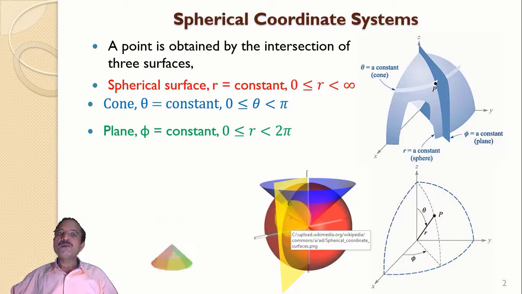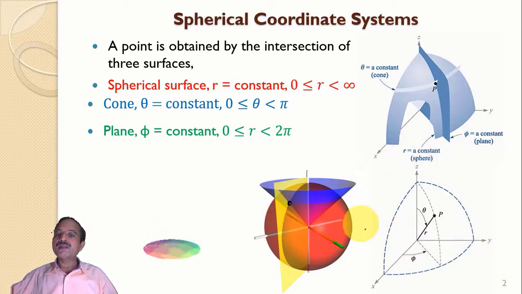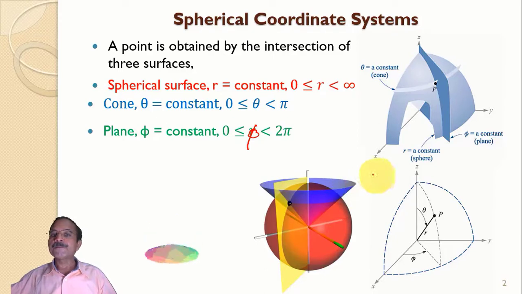So similar to cylindrical coordinate system, this phi equal to constant plane makes encirclement around this z-axis, and one complete encirclement forms the angle of 2 pi. So this is phi here, not r. Because of that, phi takes values between 0 to 2 pi.